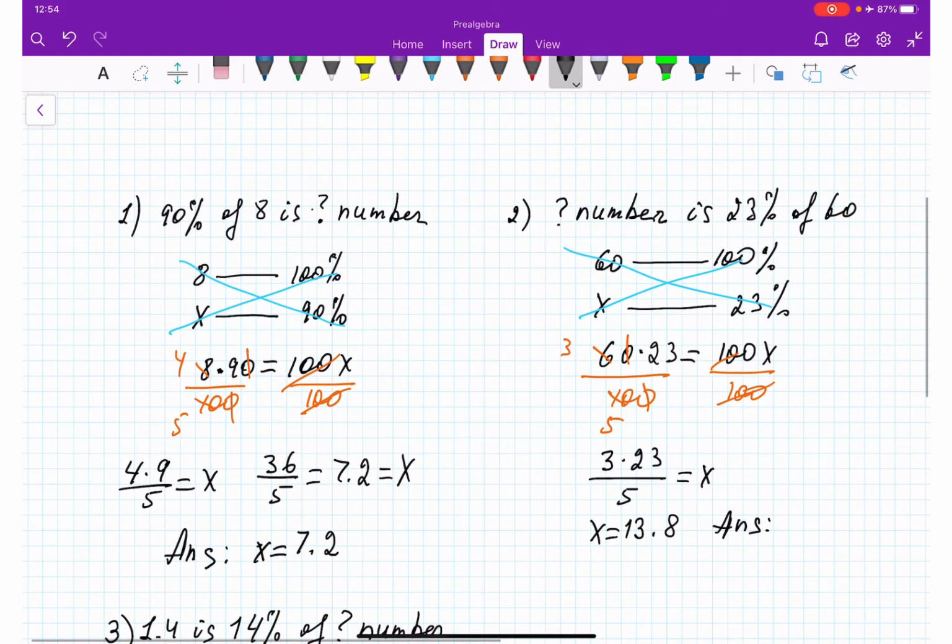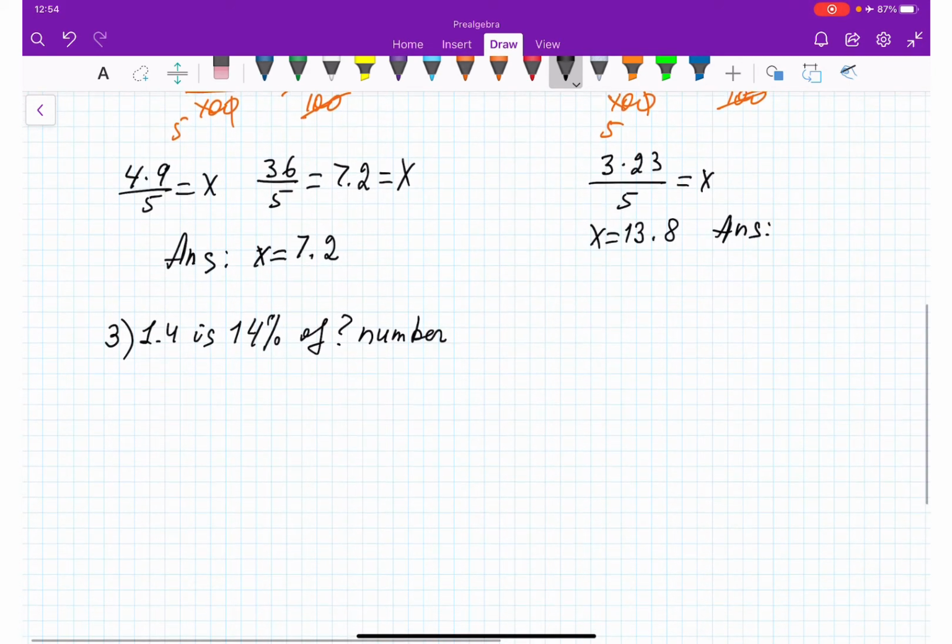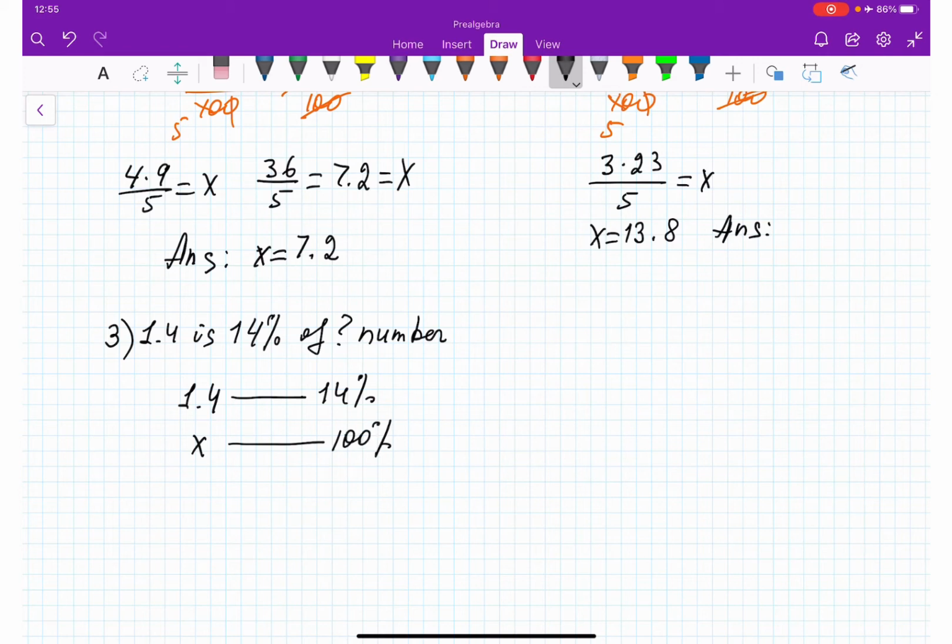This 1.4 is 14%. Let's write down: 1.4 is 14%. This question mark number that we don't know is going to make our 100%, yes? Because we are trying to find this 14% of that total number, which we don't know. So we need to find the total number, and the total number is usually 100%.